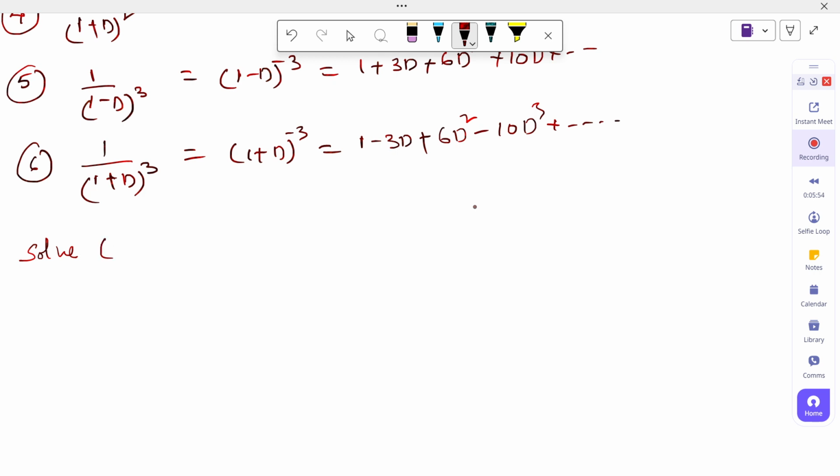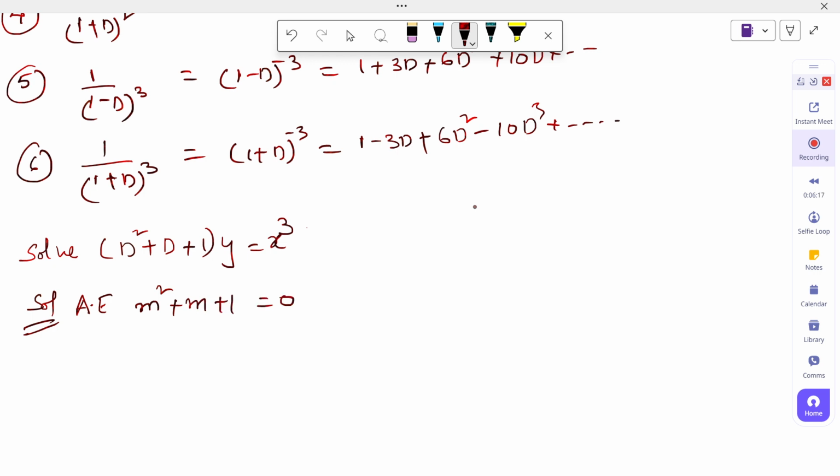Solve D square plus D plus 1 of y is equal to x cube. The given equation is already in operator form, so no need to write it in operator form. Directly we'll go for finding the auxiliary equation, that is m square plus m plus 1 equals 0.